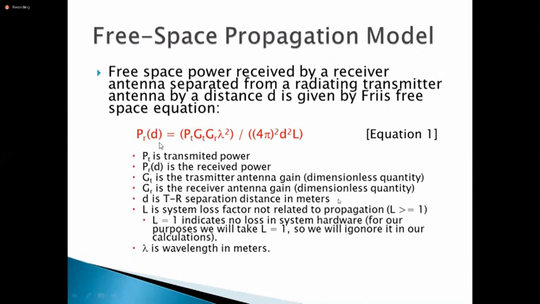So it is a function of the distance between the transmitter and the receiver. අන්න ඒකයි මේ කියන්නේ. transmitter receiver අතර distance එකේ function එකක් තමයි received power එක. එතකොට මේ distance එකත් එක්ක received power එක වෙනස් වෙනවා. කොහොමද වෙනස් වෙන්නේ? මෙන්න මේ විදිහට.